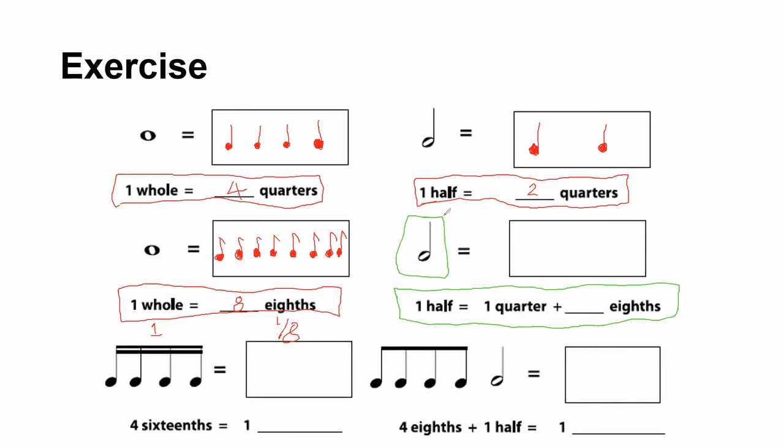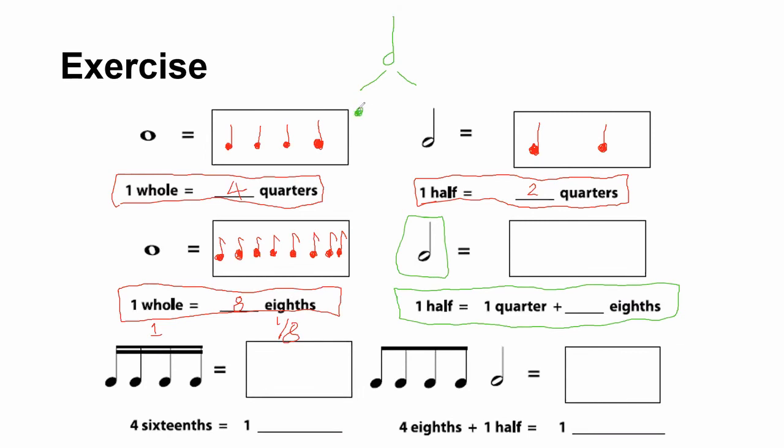What is the next note lower than the half note? How can you divide this equally? What notes will you divide this into to give you the half note? 2 quarters. 2 quarters, exactly.